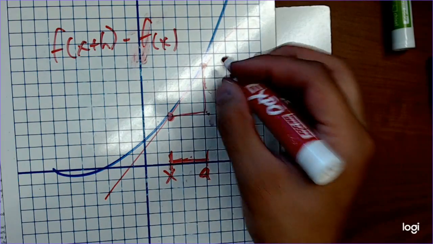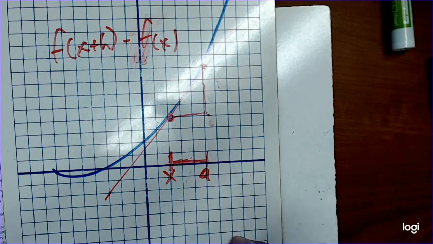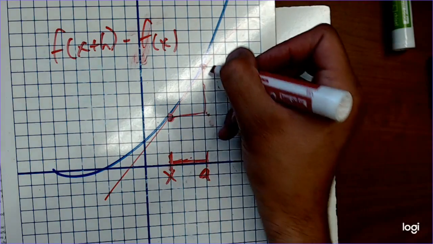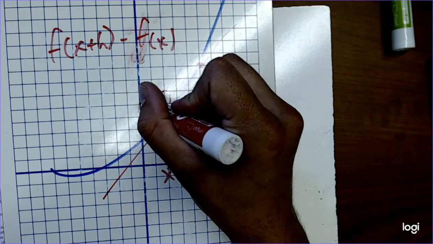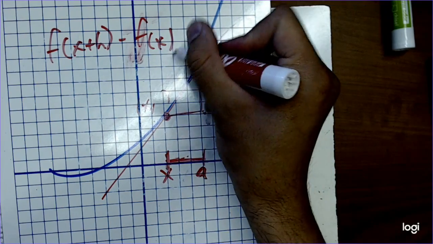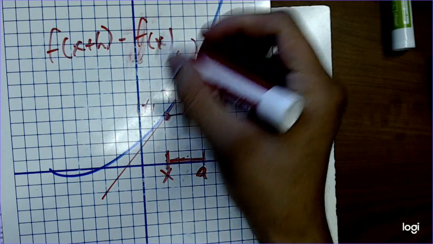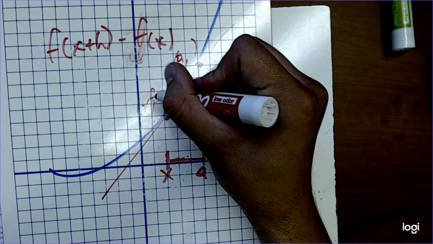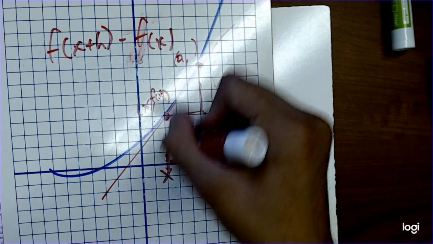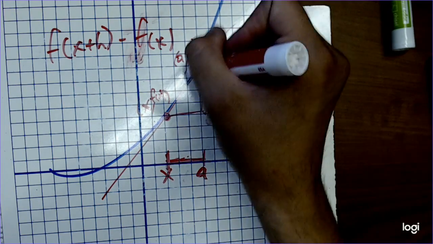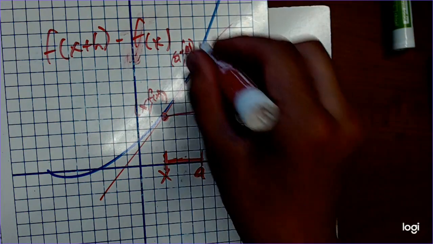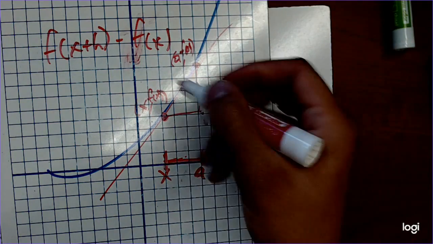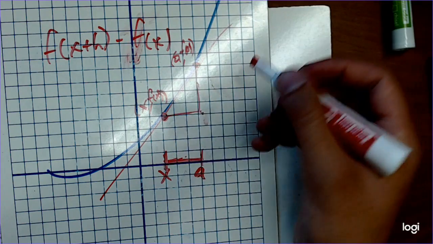So now my delta y over delta x changes. More or less, this x value becomes x, and this x value becomes a. This y value becomes f of x, the functional output at x, and this y value becomes f of a. So now for my slope, or rise over run, I'm going to do x1 minus x2, y1 minus y2.